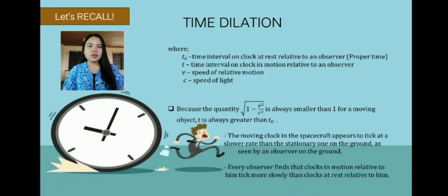I'm hoping that you understand already the concept of time dilation, for this will help us better understand our lesson for today.